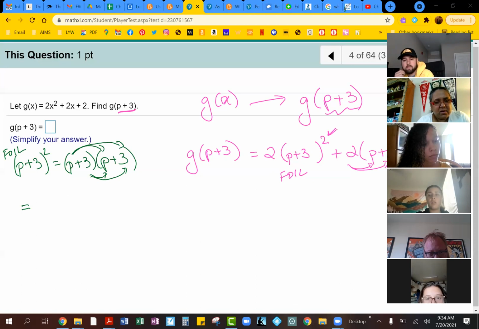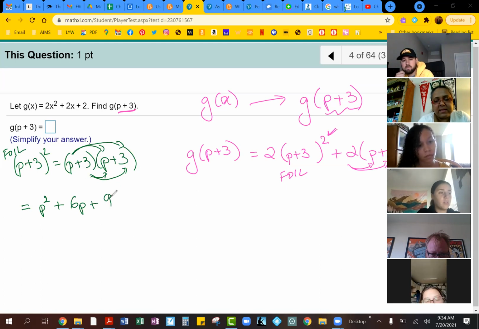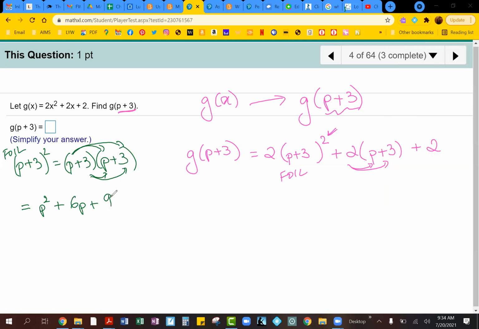It's gonna give you p squared plus 6p plus 9. Yeah, very good. 3 plus 3 will give us 6, so 6p. 3 times 3 will give us 9, so that's going to become your constant term, p squared plus 6p plus 9. So bringing that in here, you still have that 2 in the front, but with the FOIL.